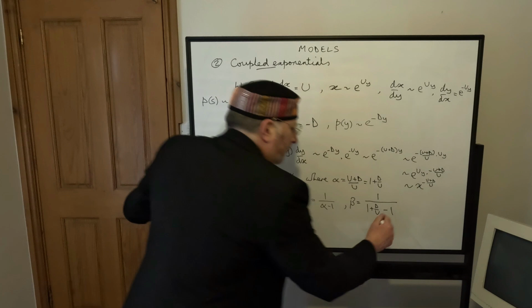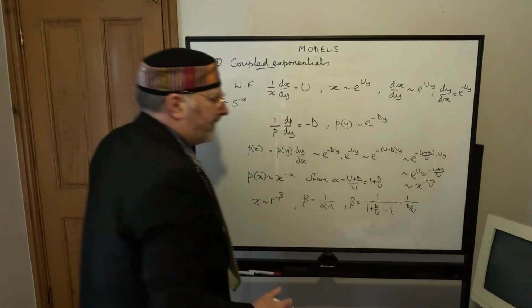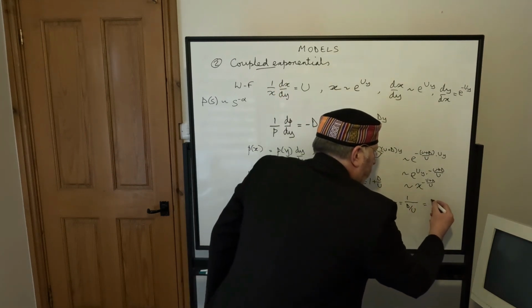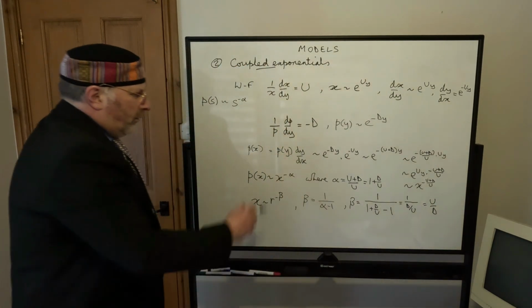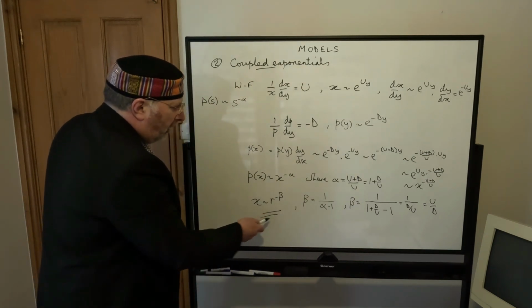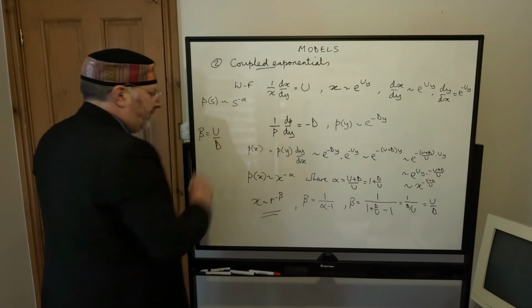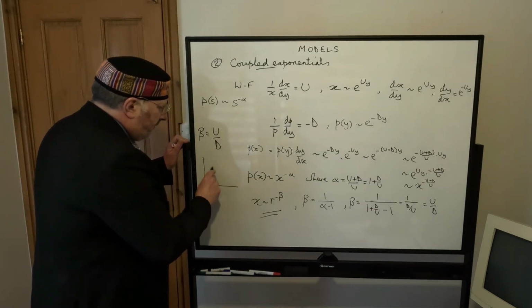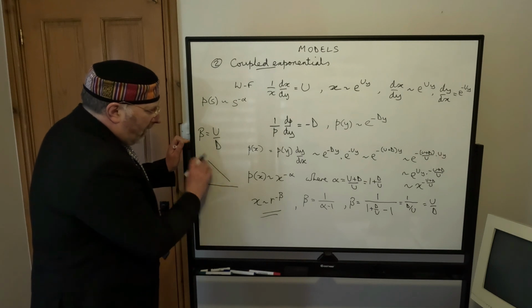Well, the 1's obviously cancel, so this is equal to 1 over d divided by u, and 1 over d over u, we just flip it over, that is equal to u upon d. So what we're finding here is that for our rank size plot, the exponent beta is u upon d.